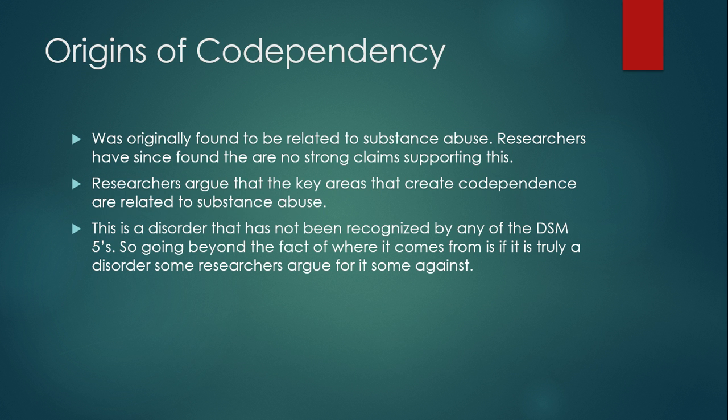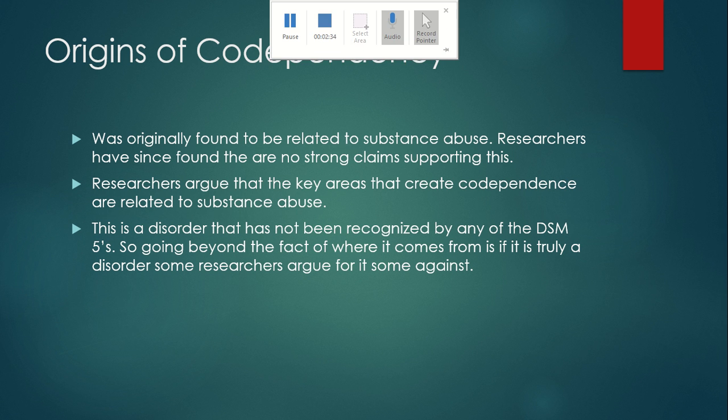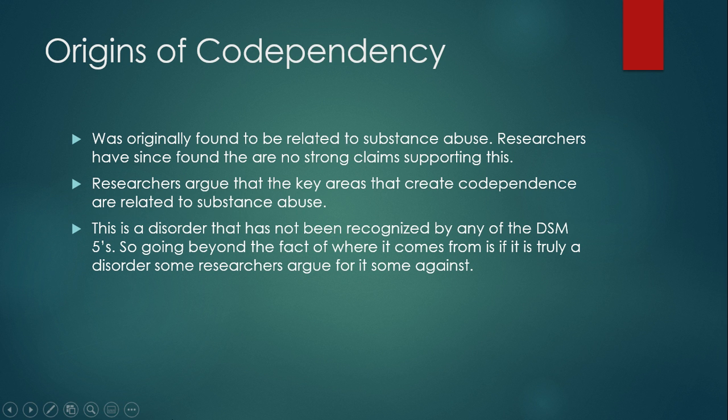So, the origins of codependency: it was originally found to be related to substance abuse. Though many researchers haven't found strong claims to this, they argue the key areas of where codependency comes from are related to substance abuse.